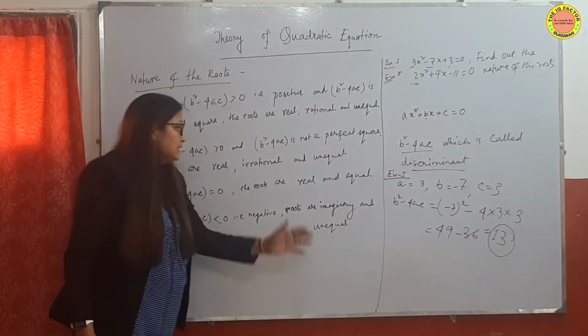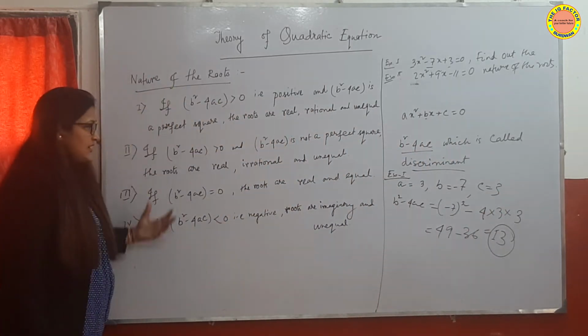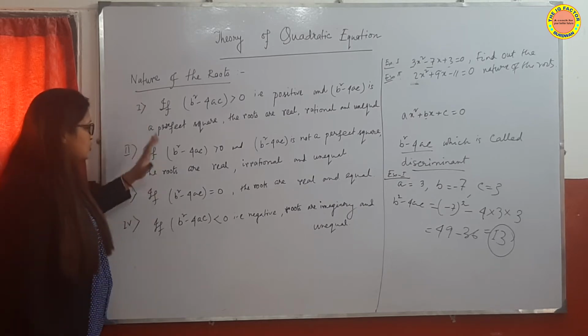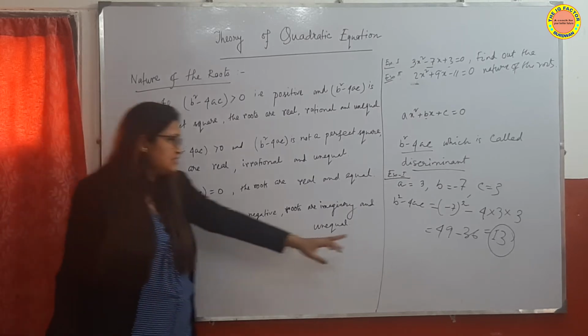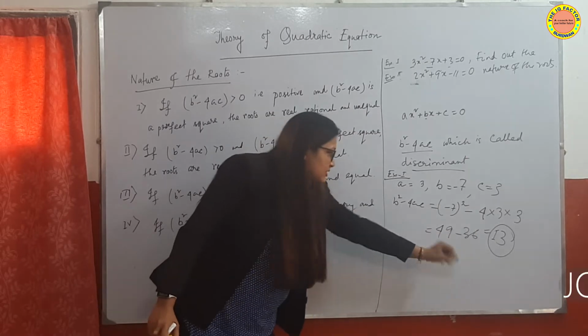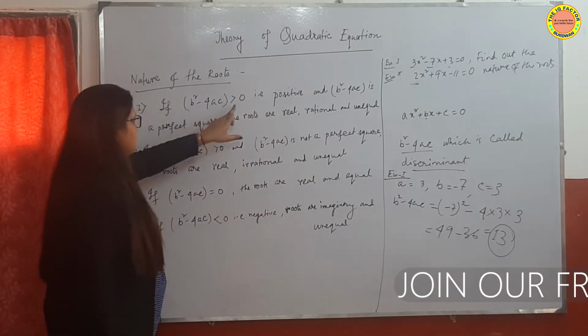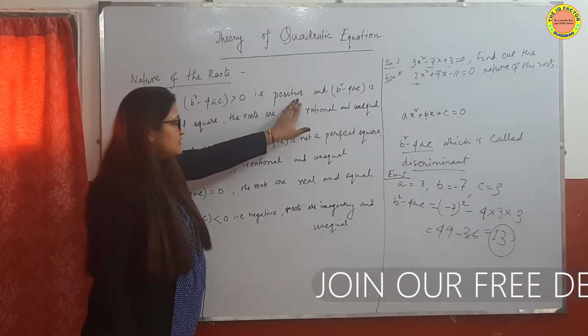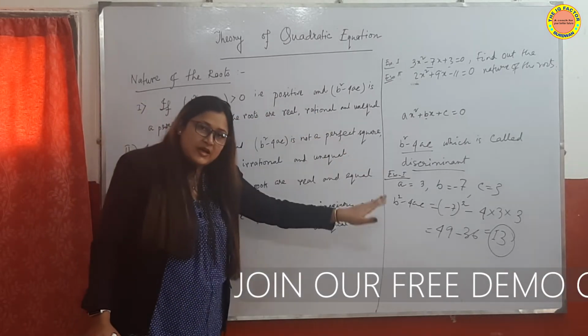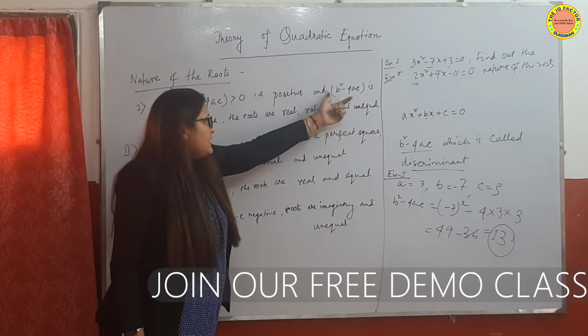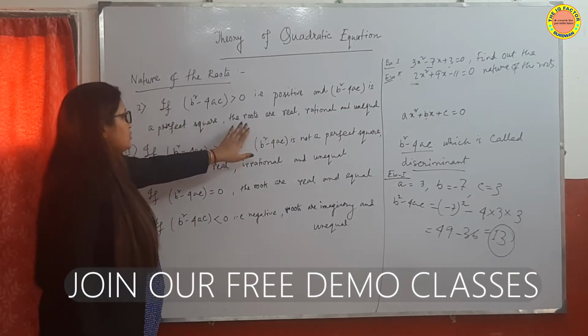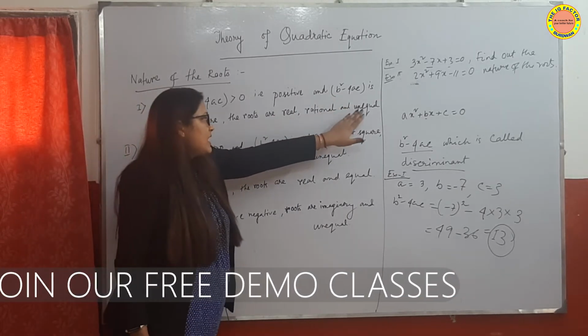Now, check these four cases. Which one is satisfying this? So, 13 is positive, b square minus 4ac is greater than 0. Is it a perfect square? If it is a perfect square, then the roots are real, rational and unequal.